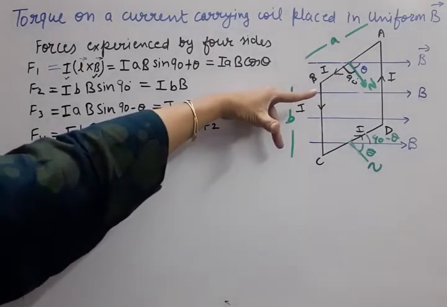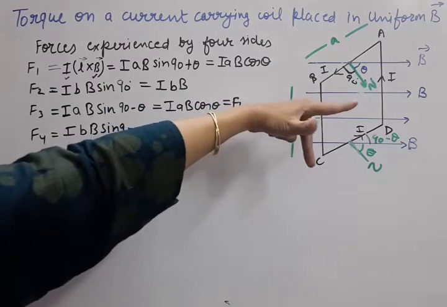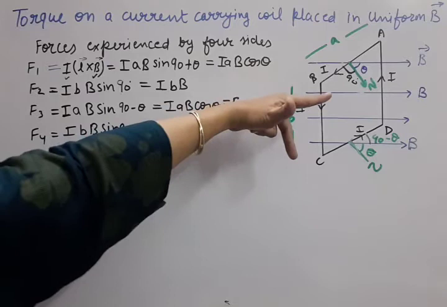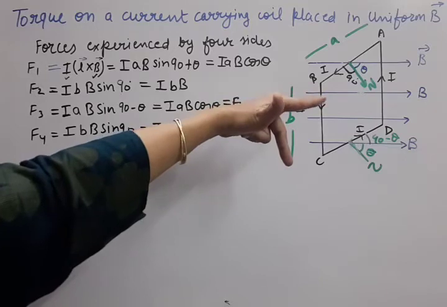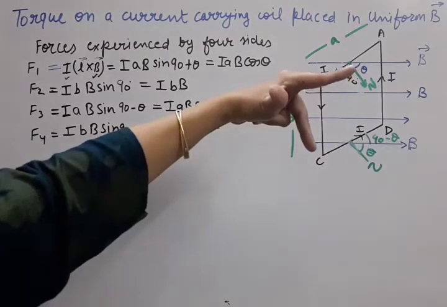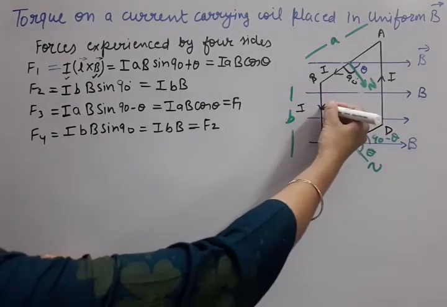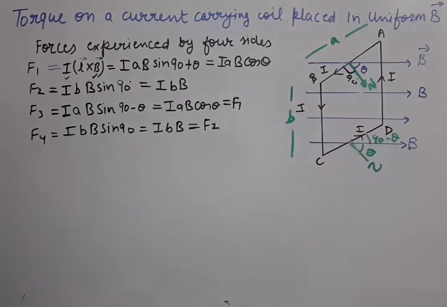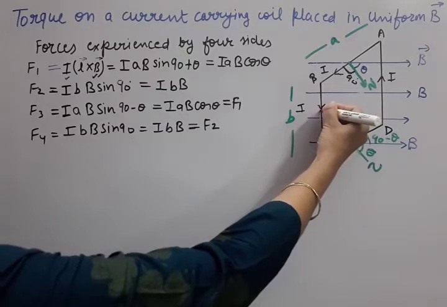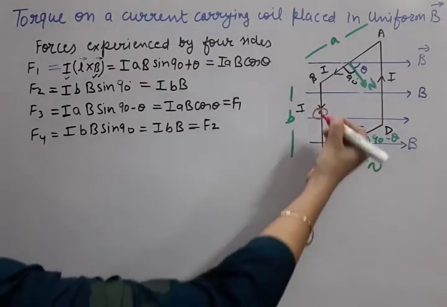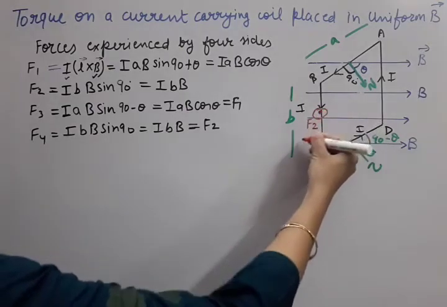With the central finger down and the first finger in the field direction, this thumb is pointing out of the board. So here if I show the force direction, I have solved the force on this side: it is normally outwards. Normally outwards means I can show it by a dot. So F2 direction is normally outwards. We can show it by an arrow also.